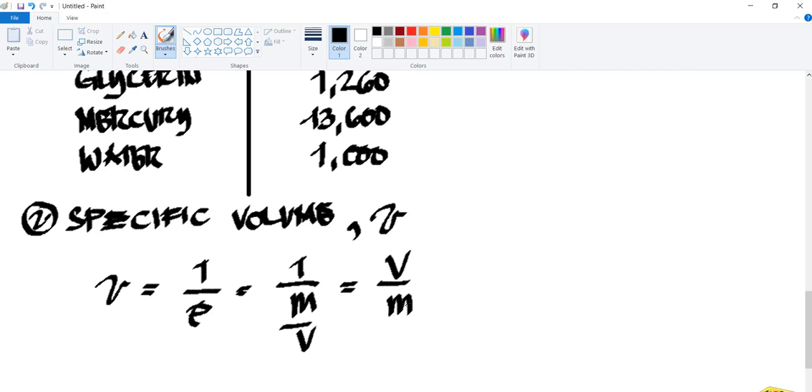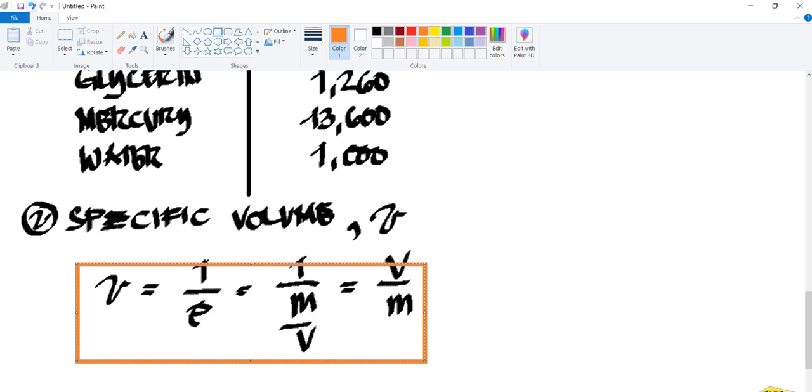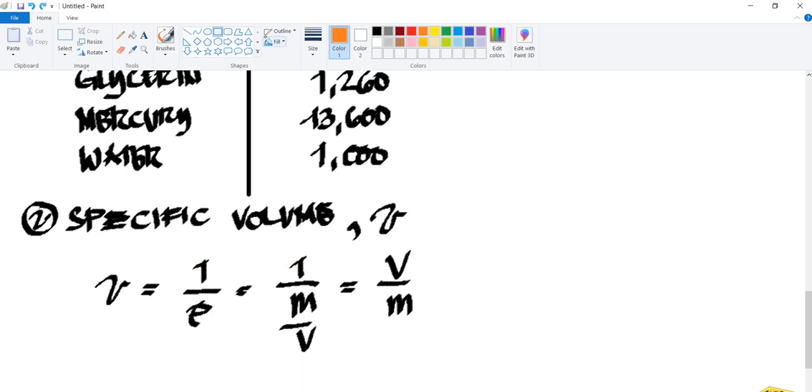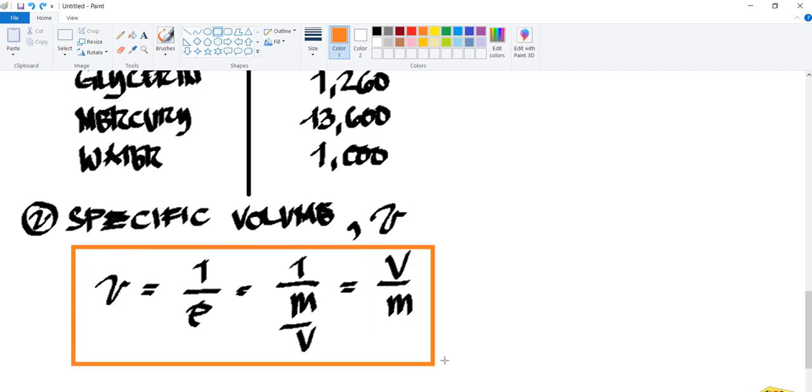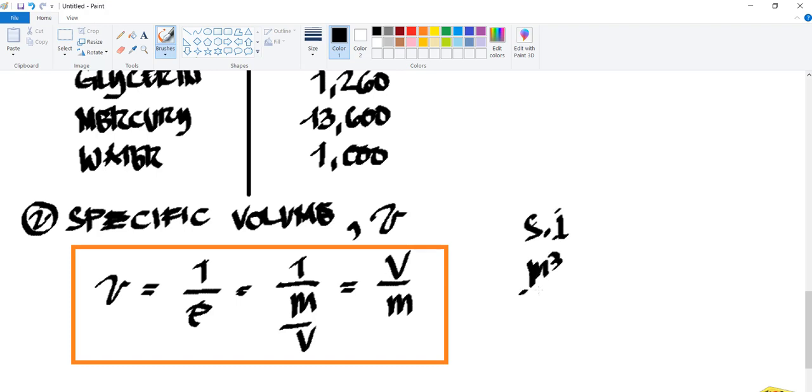That represents the equation of specific volume. For the units, in SI, it will be cubic meter per kilogram. For English, we have the unit of cubic feet over pound mass.